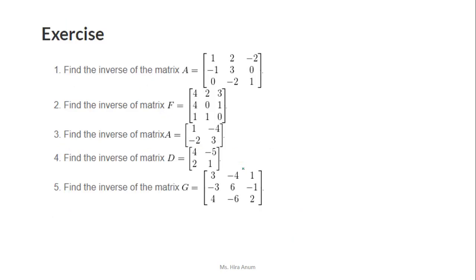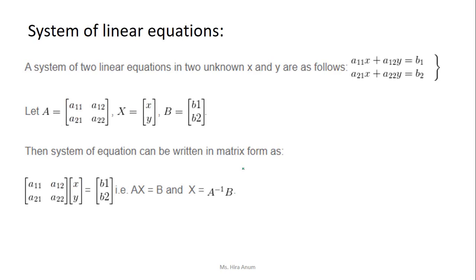This is an exercise to solve a system of linear equations. In a system of linear equations, there must be two linear equations, like this and this. You can write it in matrix form: A holds the coefficients of the variables, in X you put the variables, and in B you write the right hand side constants.